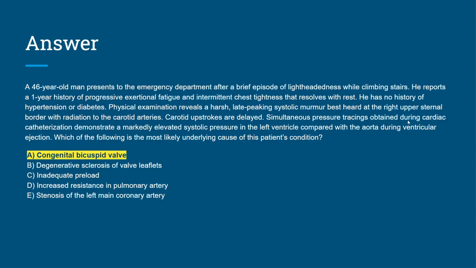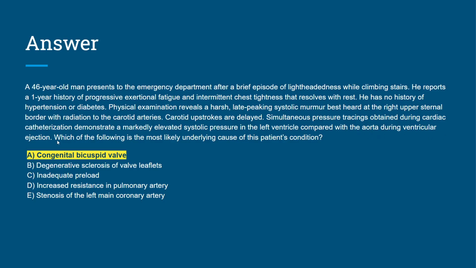Simultaneous pressure tracings obtained during the cardiac catheterization demonstrate a markedly elevated systolic pressure in the left ventricle compared with the aorta during ventricular ejection. So obviously this last sentence is very important because it's comparing the left ventricle pressure to the aorta and saying that the pressure in the left ventricle is higher than the aorta, which is not normal, obviously.